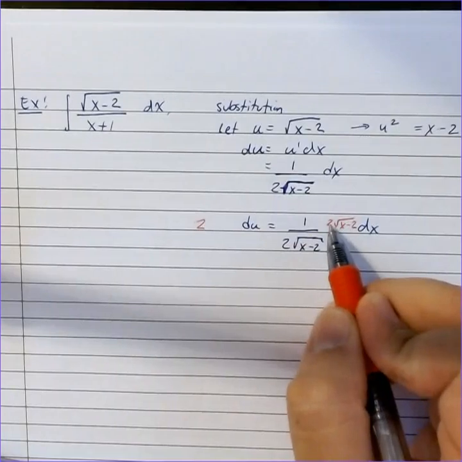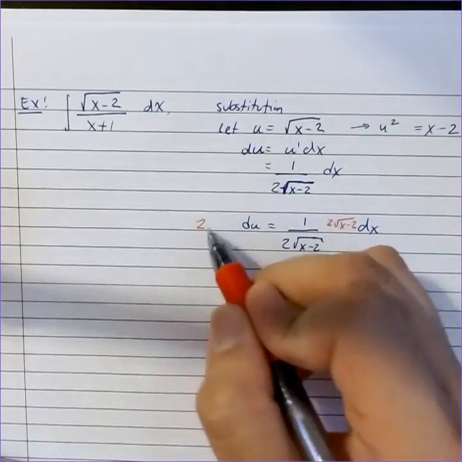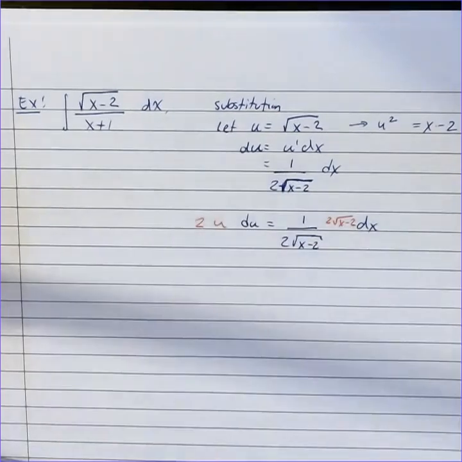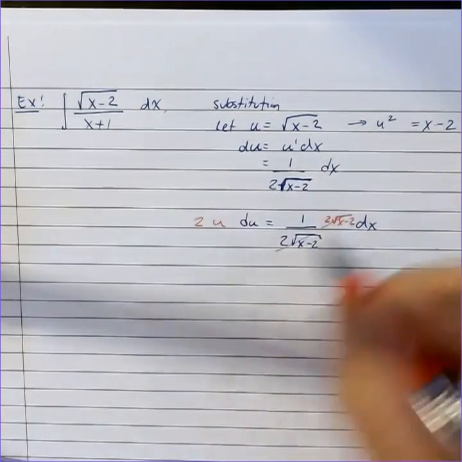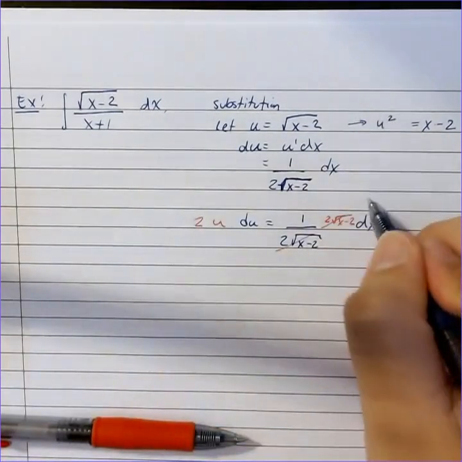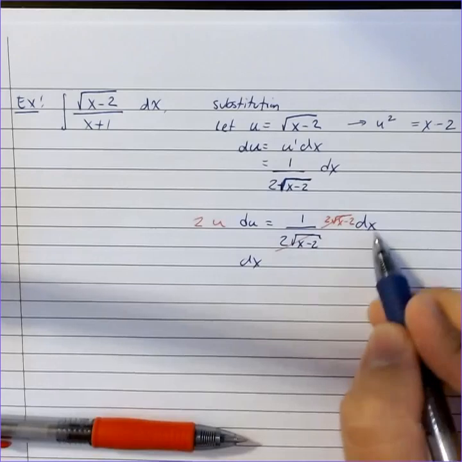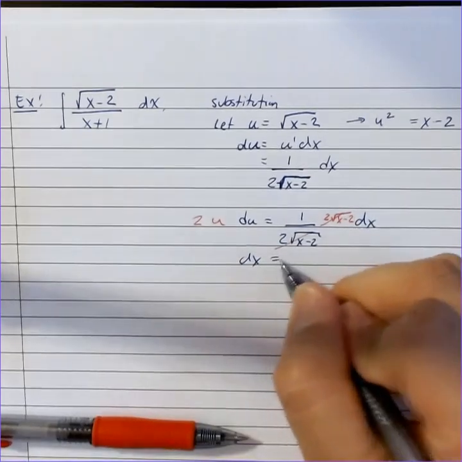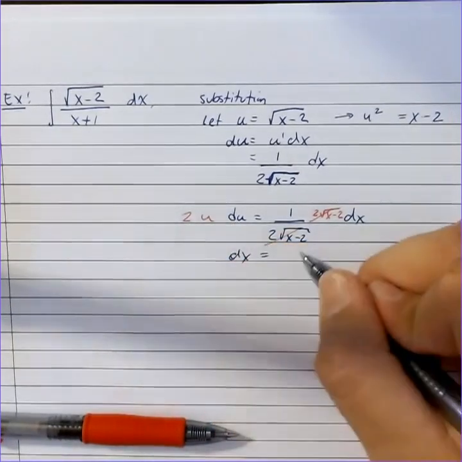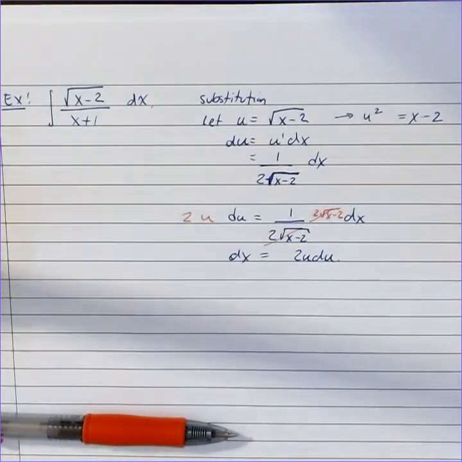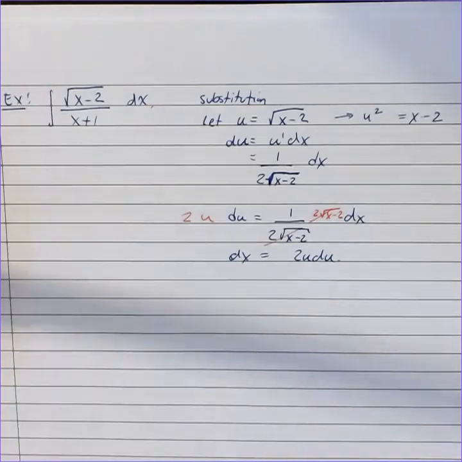So here, multiplying by 2 square root of x minus 2 is the same as multiplying by 2 times u. These are now gone, and I'm left with the expression dx, the only thing left on this side, is equal to 2u du. So now from here, we'll be able to rewrite our expression in a more useful way.